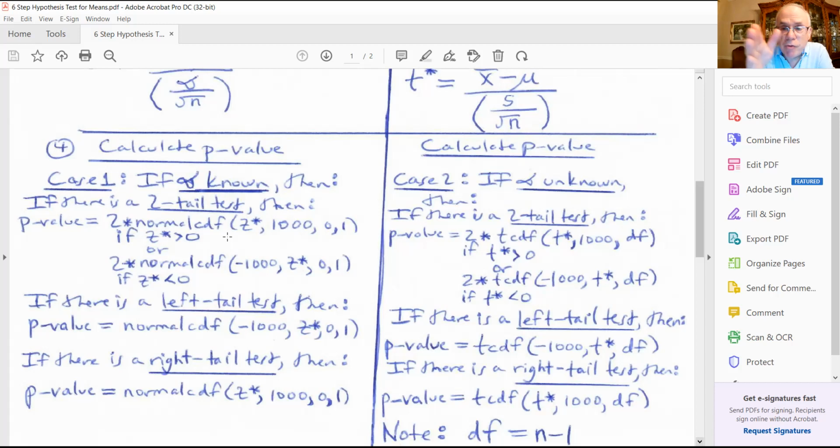So if the z star is positive, then we're going to calculate the p-value as the right tail, the area to the right of that z star. And then we're going to multiply it by 2 because it's a two-tailed test.